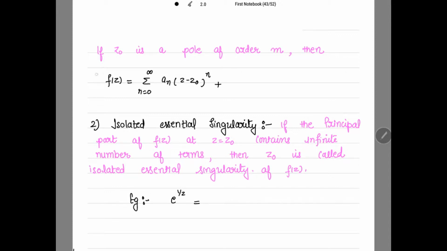Now it is written that z0 is a pole of order m, so I must have m terms for the principal part. So this is b1 over (z minus z0) plus b2 over (z minus z0) squared up to bm over (z minus z0) to the power m. So this is my function which has a pole of order m.